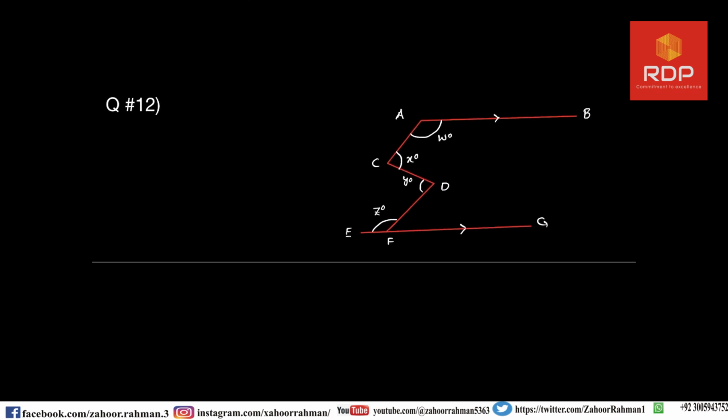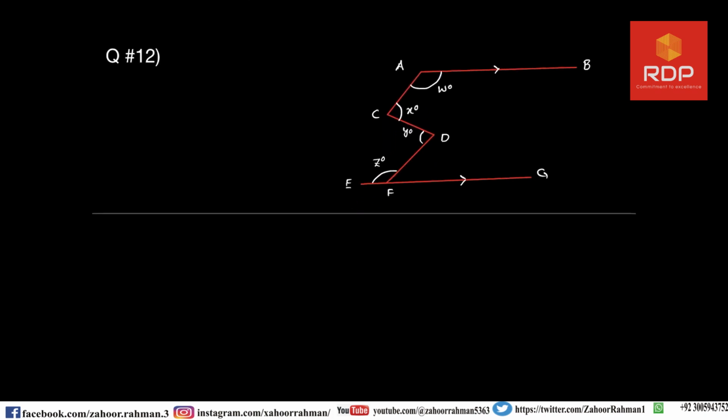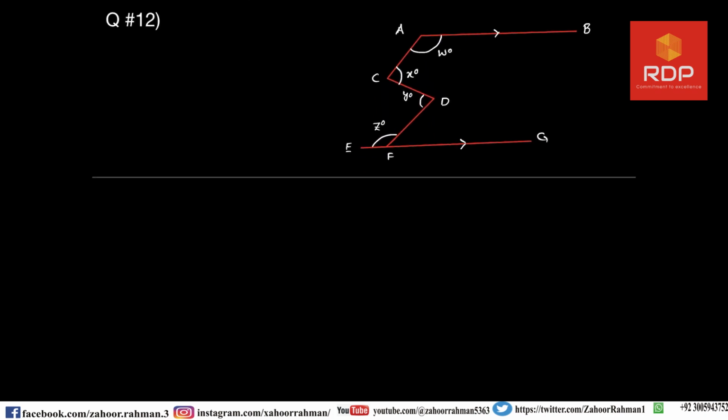Now, ladies and gentlemen, we are going to find the values of unknowns in question number 12, which is the advanced level question.